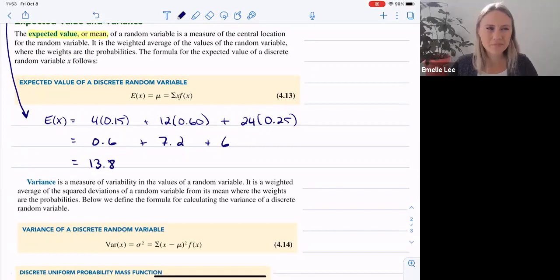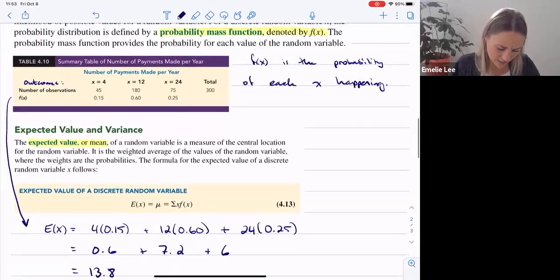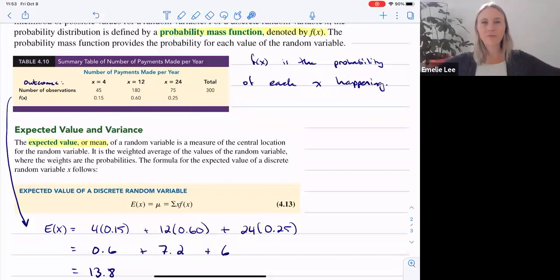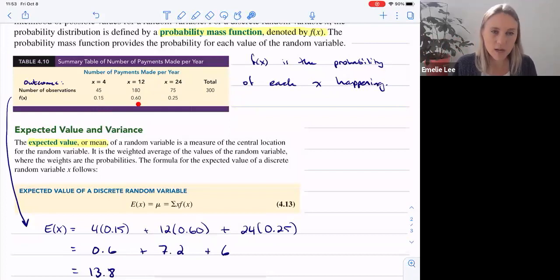What does that mean? It means that the expected number of payments made per year is 13.8. That's not one of the outcomes, but on average, over an infinite amount of time, that's what I would expect. The closest thing to that is 12, so of course I gravitate towards that.